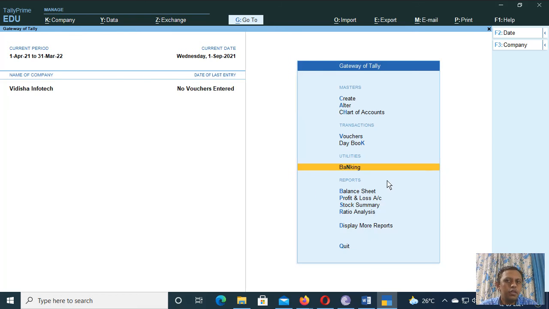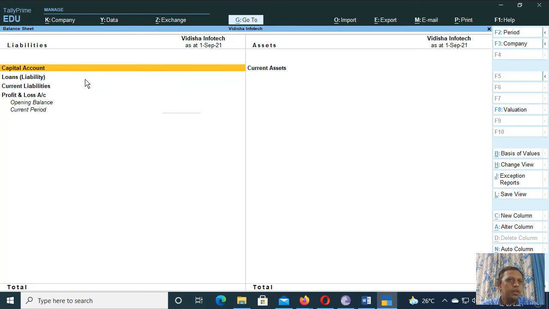Then again we have balance sheet. In the balance sheet there is capital accounts defined in the liabilities section and current assets in the assets section. So here we will be dealing with the sections.